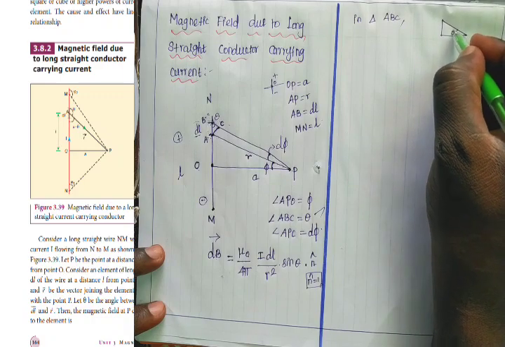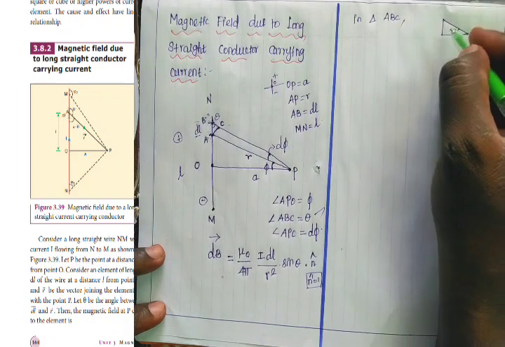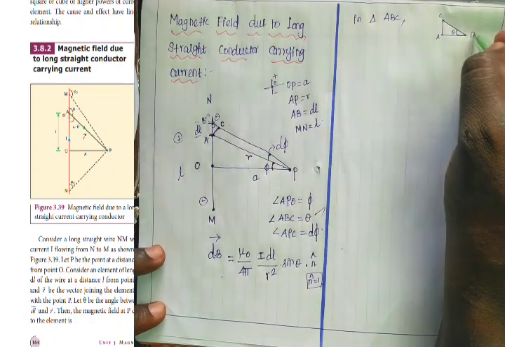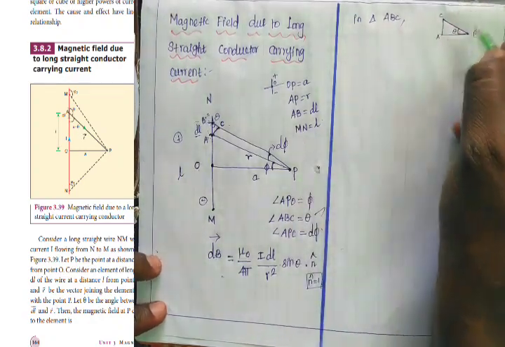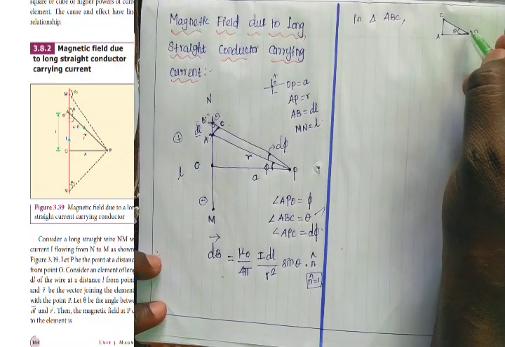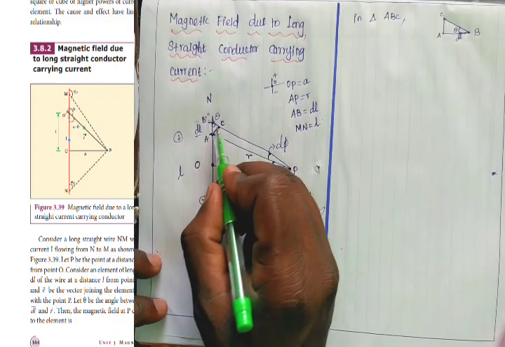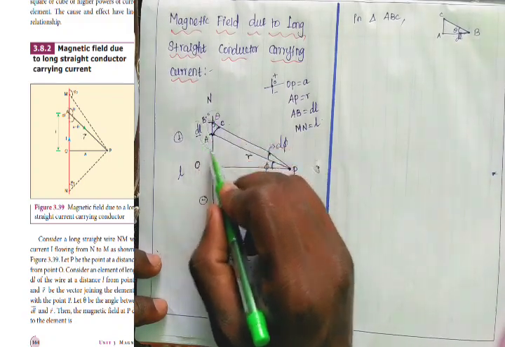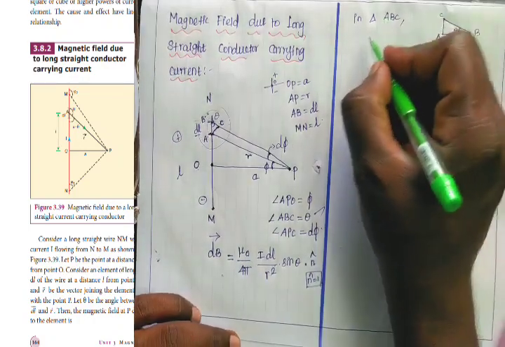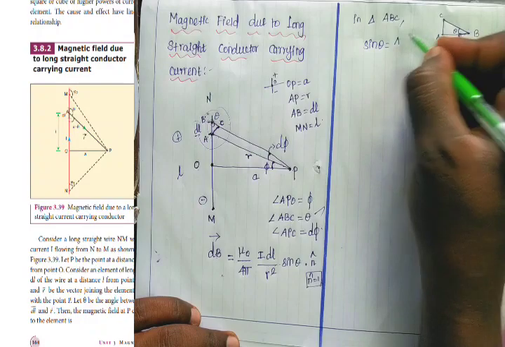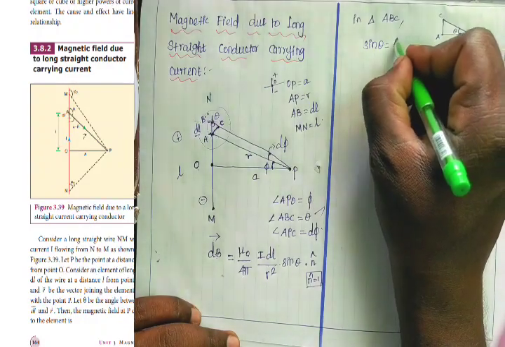This is angle theta, and AB is dl. That means this diagram, right? So what is my sin theta value?